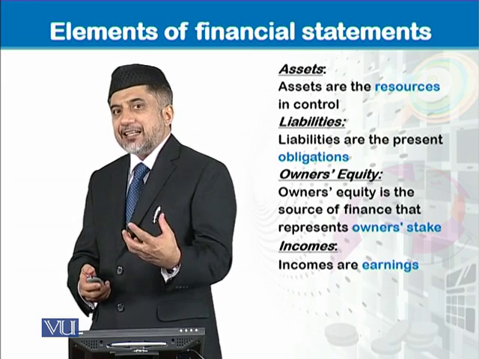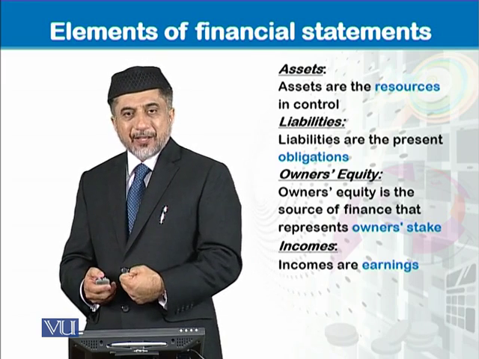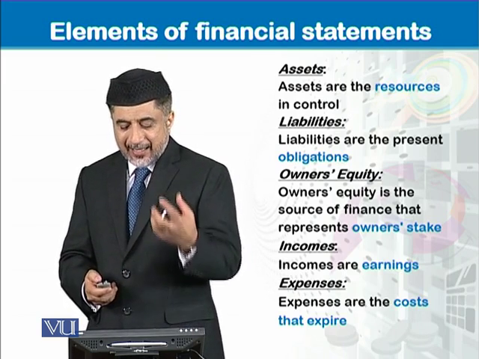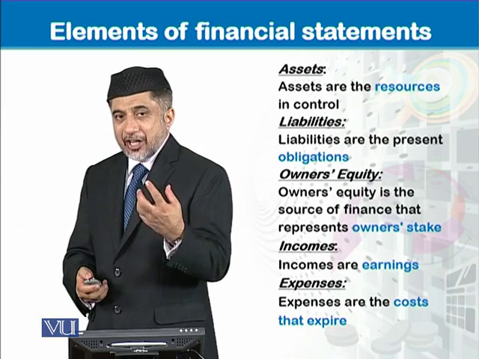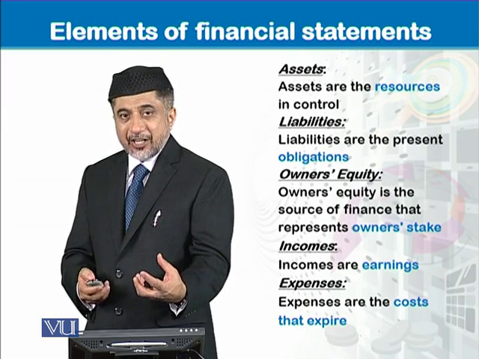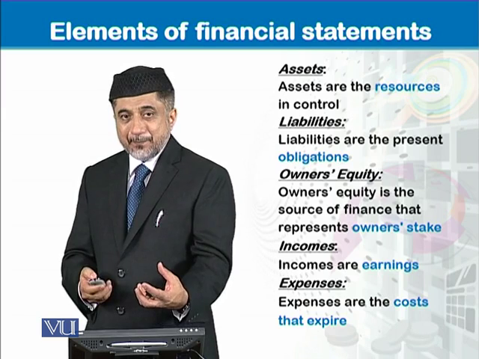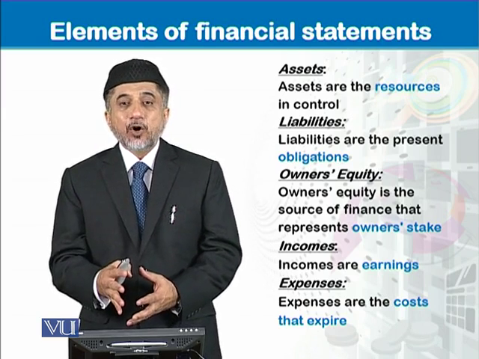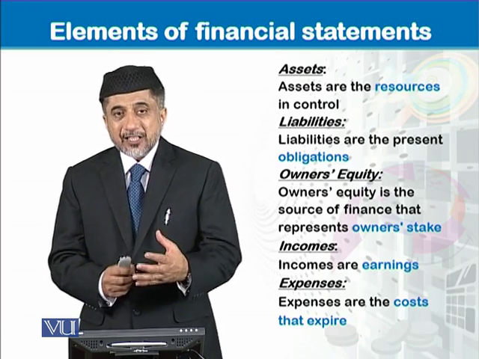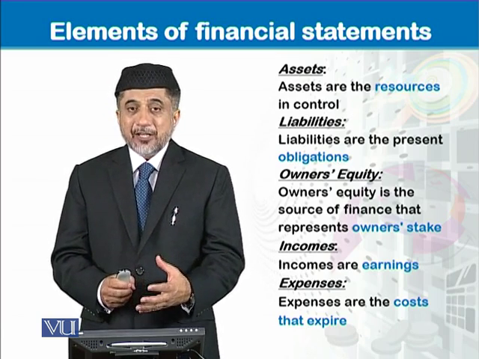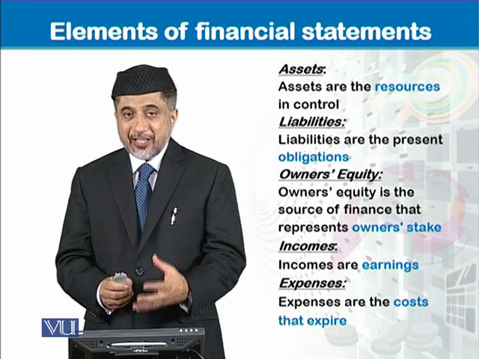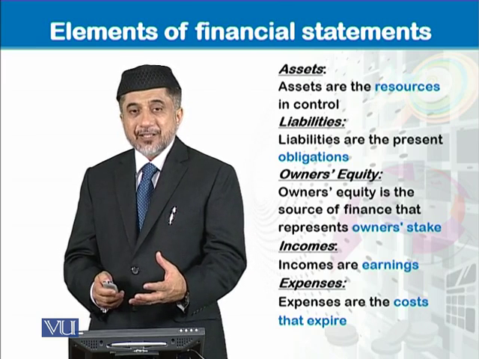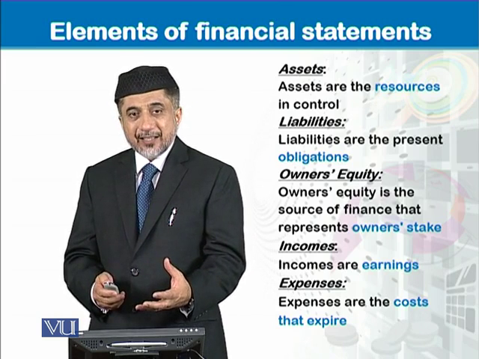Incomes are in fact the earnings of the entity, whereas expenses are the costs incurred during a year or a period for which the benefits have been obtained. So these are the 5 elements of financial statements, or also known as main heads of accounting.